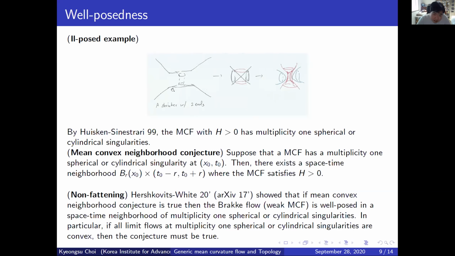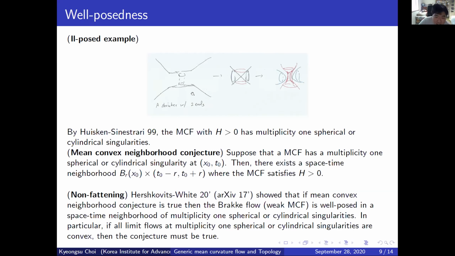We expect, but we don't know, a self-shrinker with these two conical ends. This is obtained numerically by computer, and we didn't prove it. We don't have any proof for the existence of a self-shrinker with these two ends, but we expect that it exists.